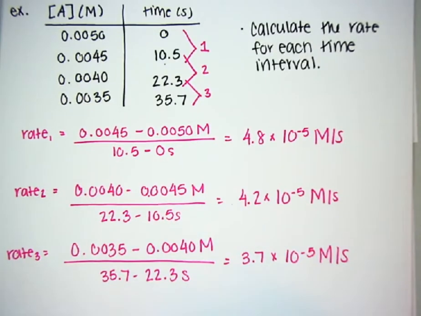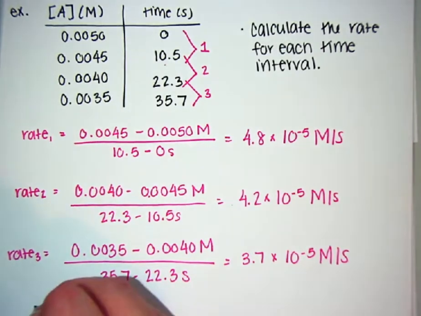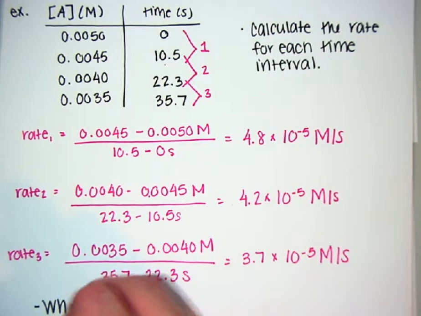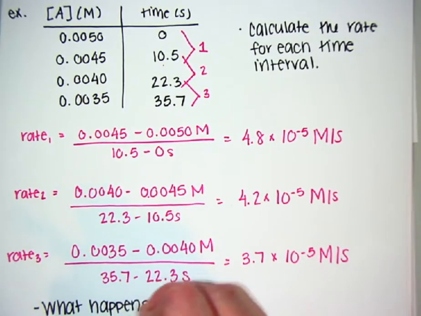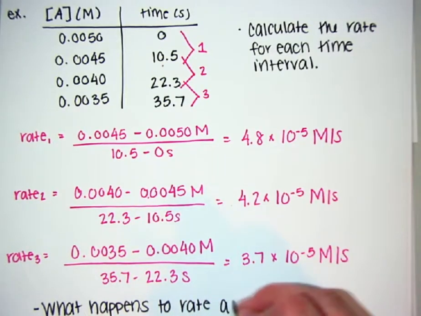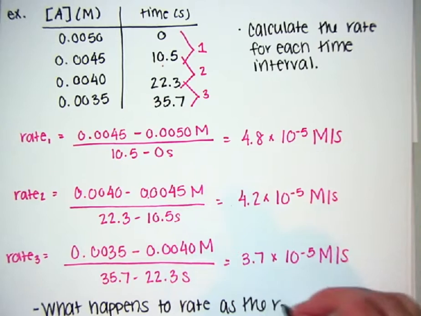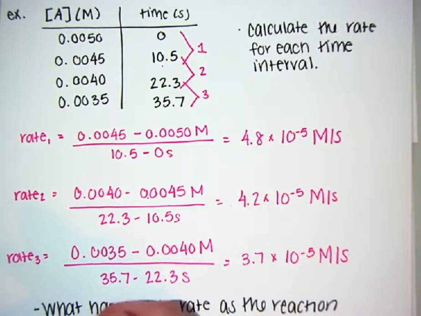All right, so we have our 3 answers. So I want you to look at what is happening from interval 1 to interval 2 to interval 3 and notice what happens to rate as the reaction proceeds.